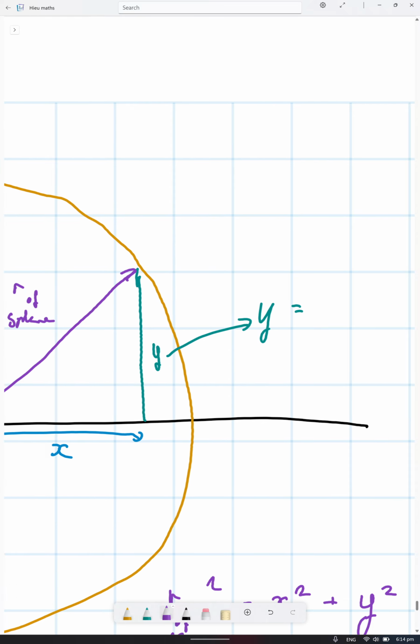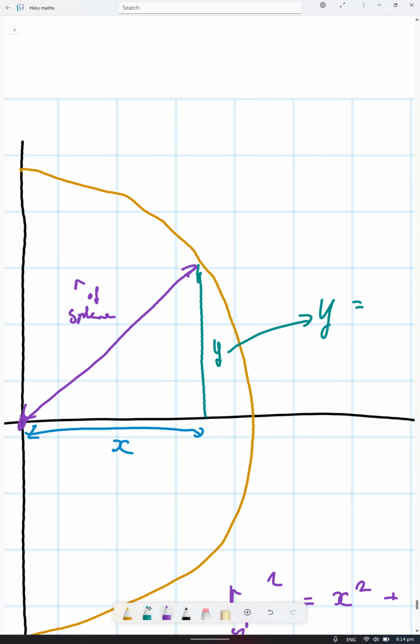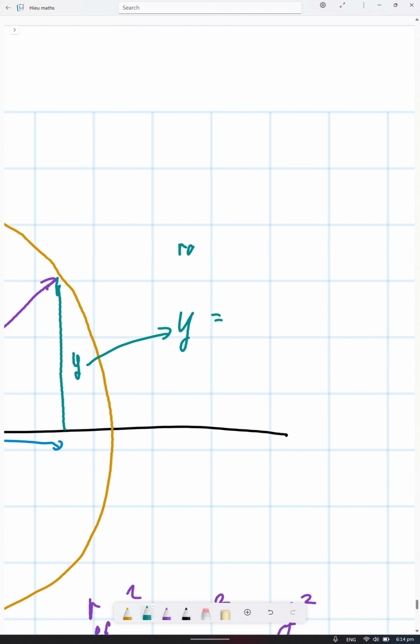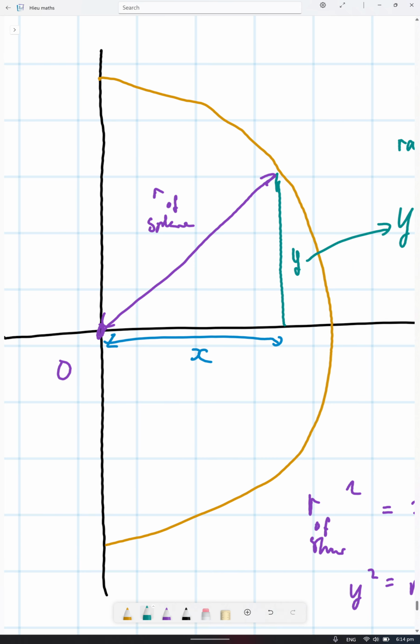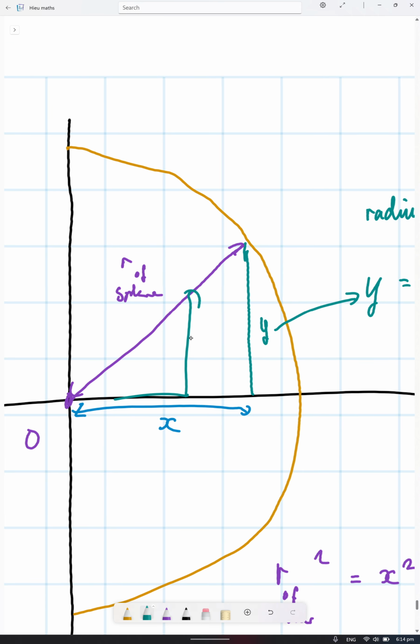So here, therefore, the y, which is the radius at any point x, because if x was here, then this would be y, right?